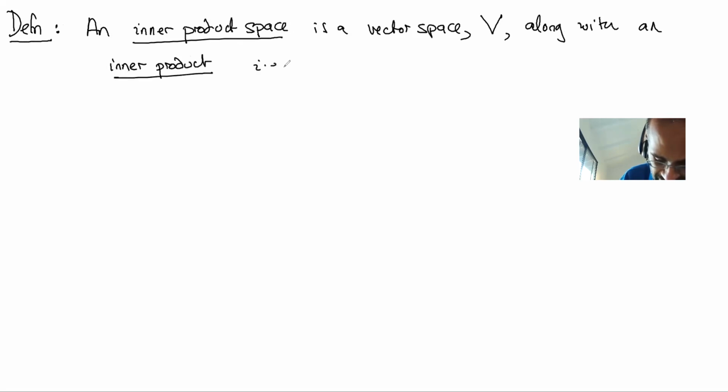And what that is, is a function, denoted with these angle brackets, that takes two inputs and maps pairs of vectors to real numbers.